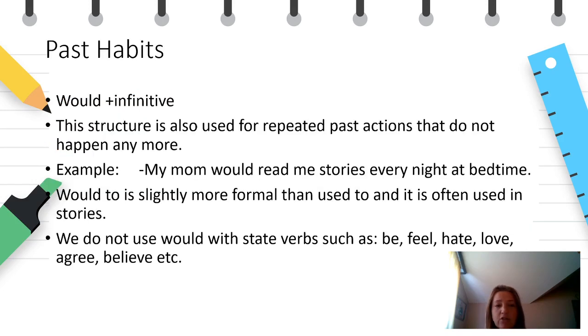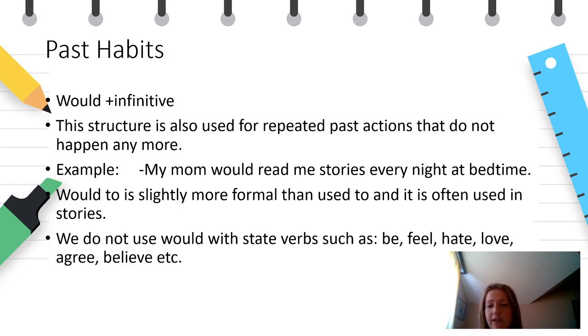Next structure is would plus infinitive for past habits. This structure is also used for repeated actions that are not true anymore or that do not happen anymore. Example, my mom would read me stories every night at bedtime.